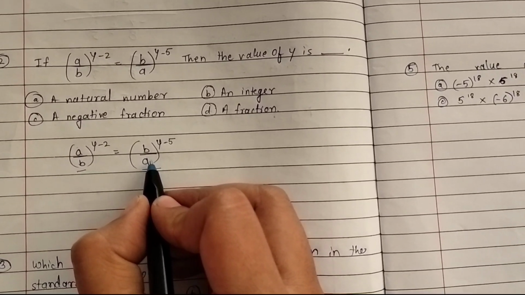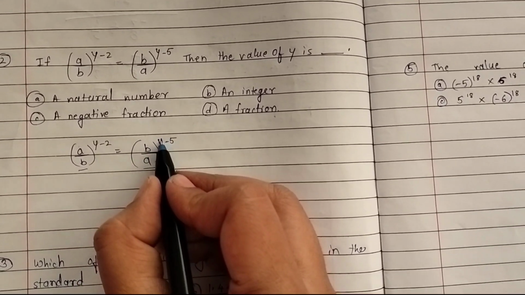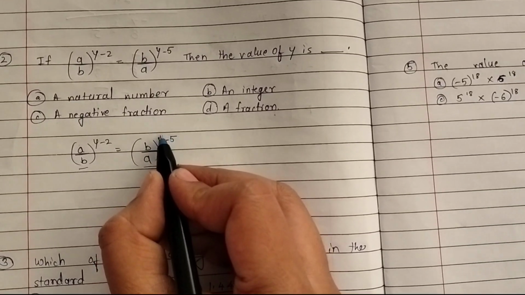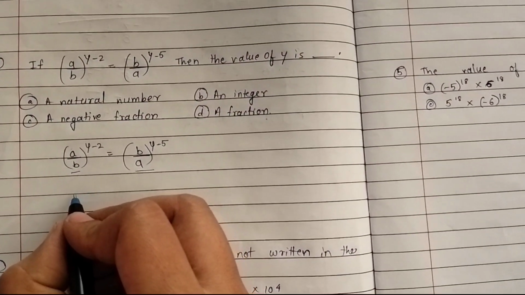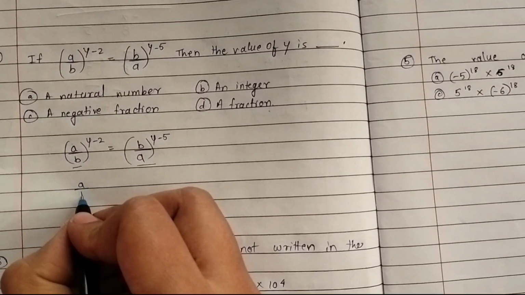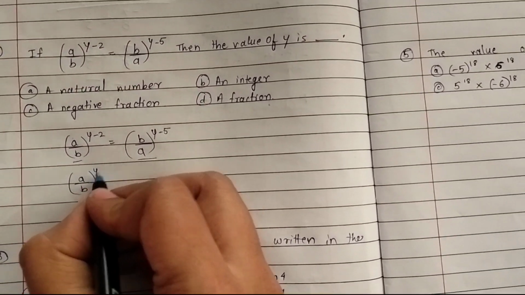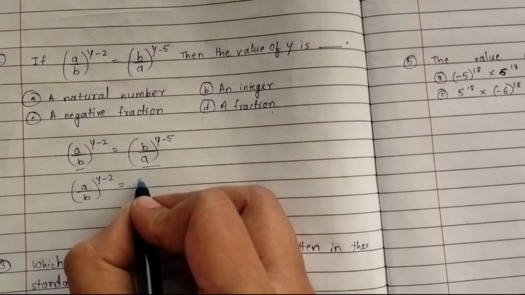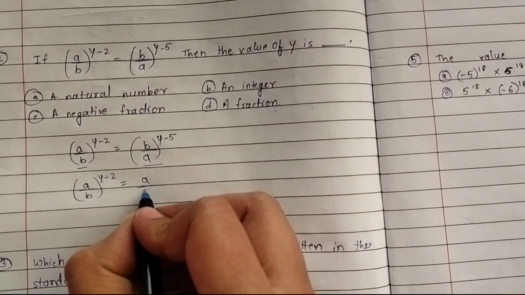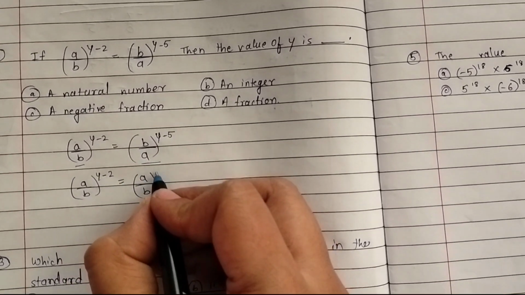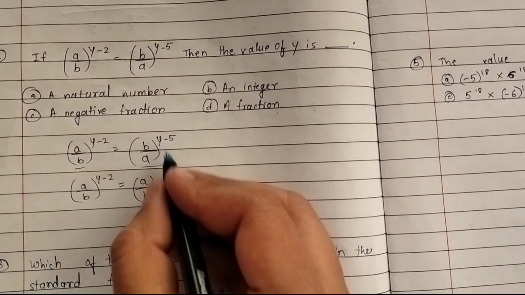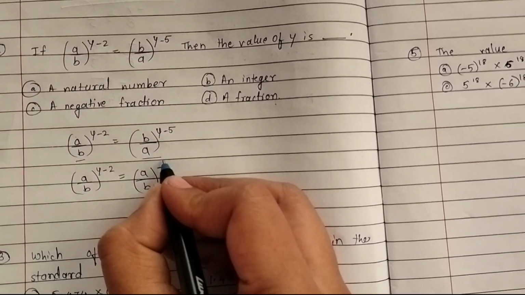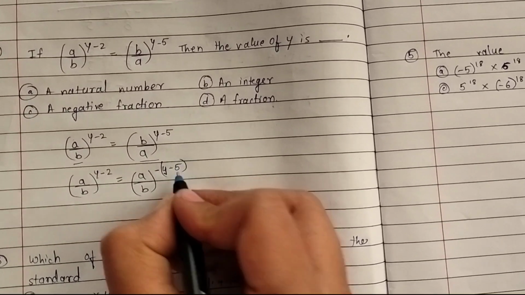Then when we are taking the reciprocal, what will happen to the power? The power will have a minus sign as a whole. So we are writing a upon b to the power y minus 2 is equal to a upon b to the power, now that we have taken the reciprocal, the power will become minus of y minus 5.